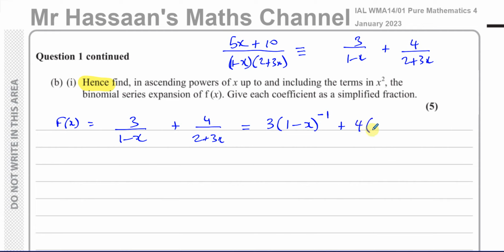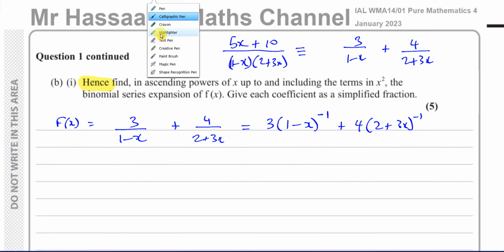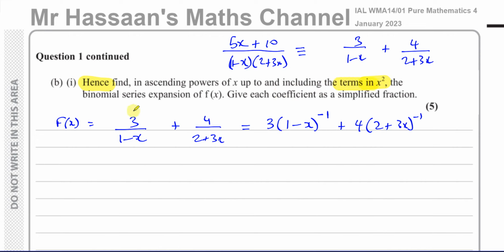So you have 4 times 2 plus 3x to the power of minus 1, and 3 times 1 minus x to the power of minus 1. So we've got to take the expansion of these two up to and including the terms in x squared. Okay, up to and including the terms in x squared. And then it says give each coefficient as a simplified fraction.